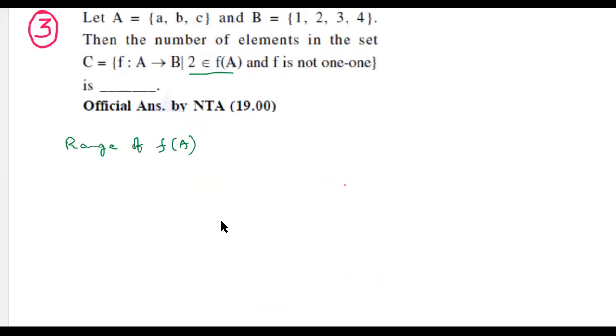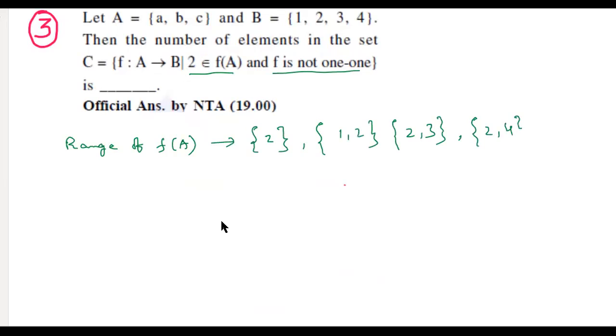But here f is not one-one, as given. When is it possible? There are two cases. If the range of f(A) is only a single element, then it is not one-one. Or two elements: 1 comma 2, next 2 comma 3, next 2 comma 4, because 2 is compulsory.